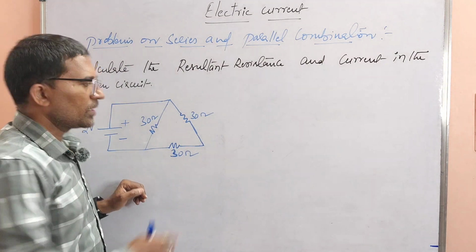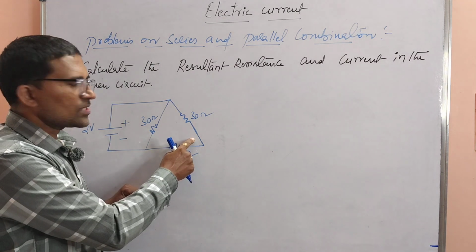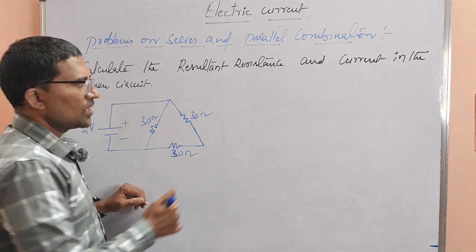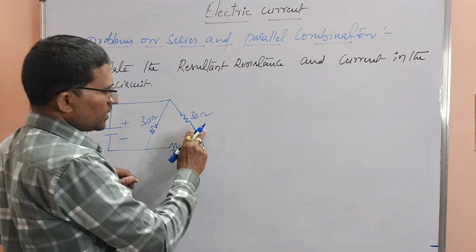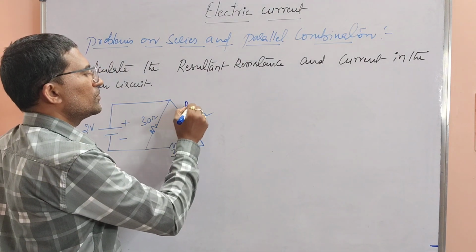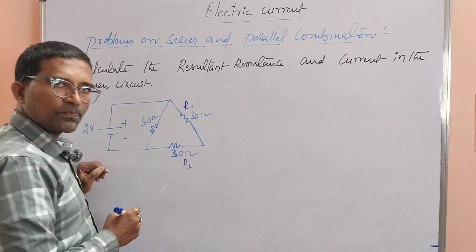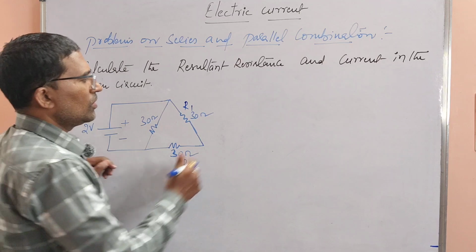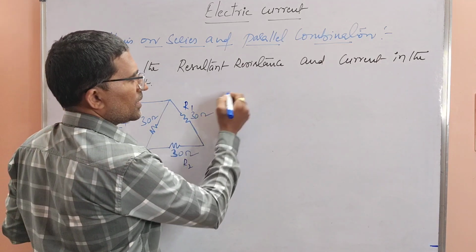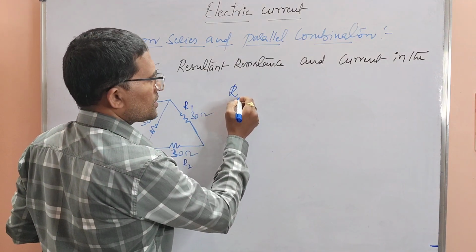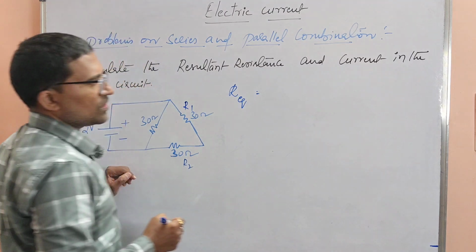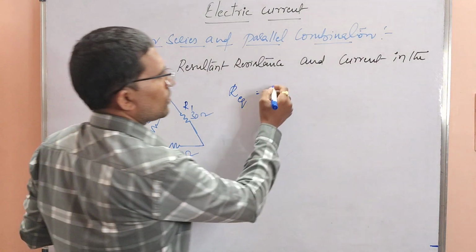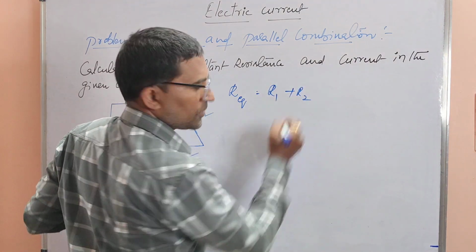First of all, we will calculate the equivalent resistance of these 2 resistors. They are in series combination. I will name this R1 and this R2. In series combination, the equivalent or resultant resistance is R equals R1 plus R2.